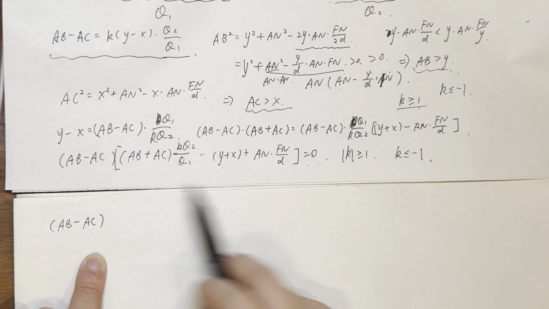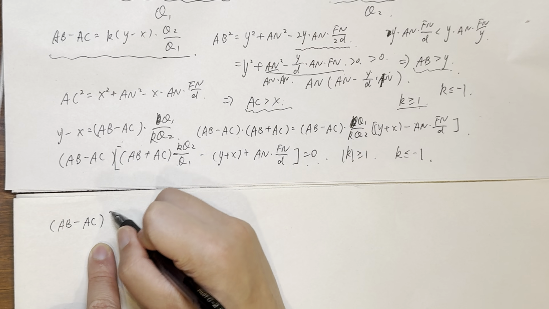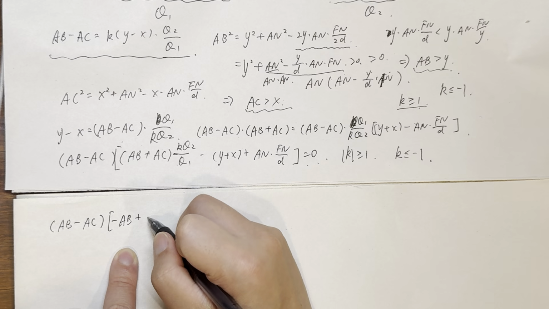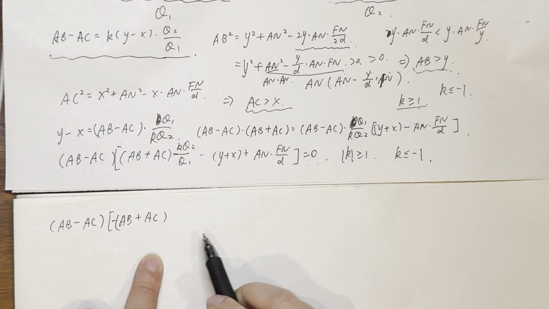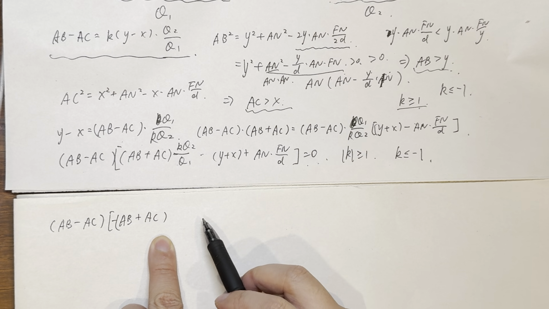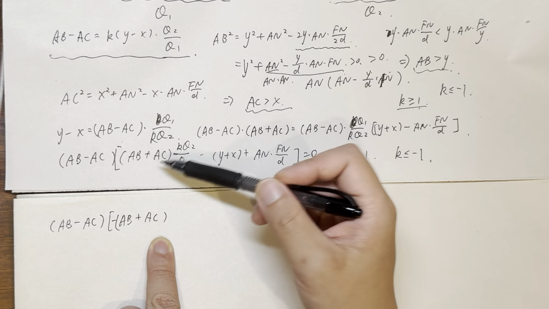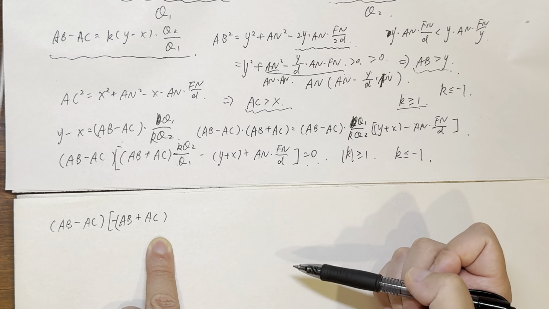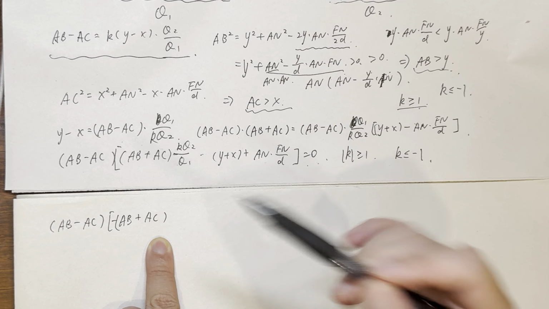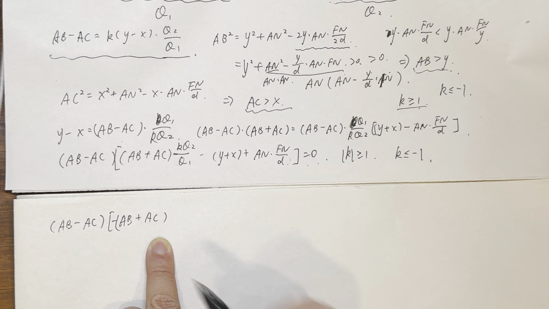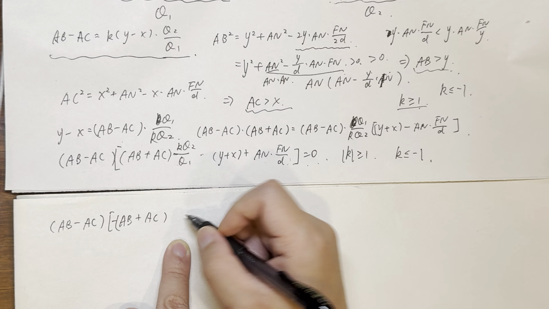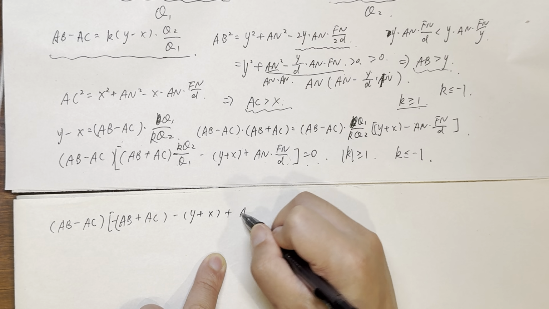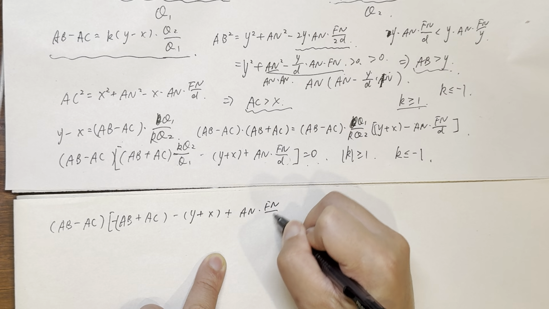The maximum of this one would be minus AB plus AC, right? Because we're trying to see if it can be 0. Now this is a negative number minus y plus x plus an fn over d.